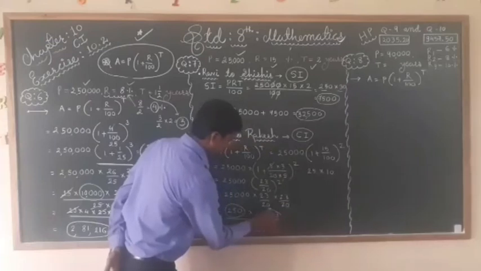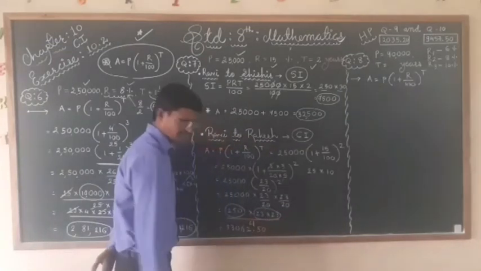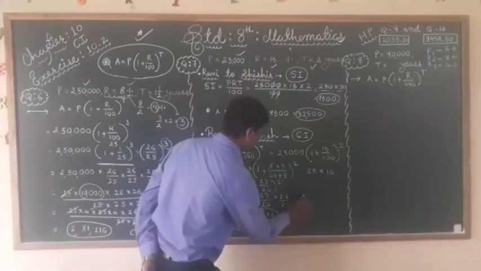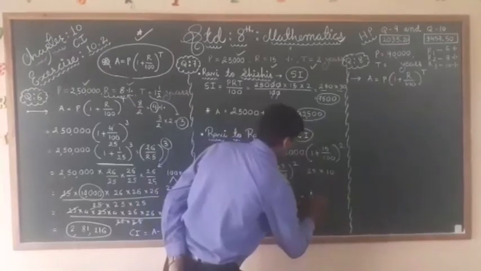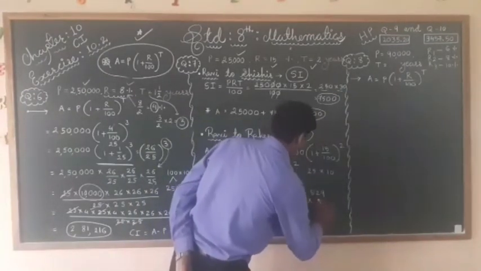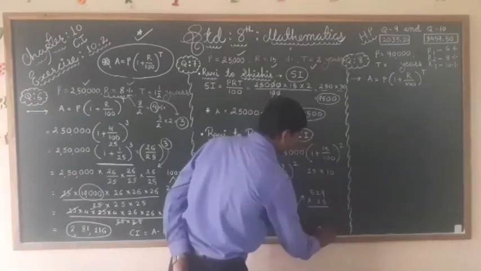If you know the square of 23, it is 529. That is 529 multiplied by 25. Whatever answer you get, divide by 4.